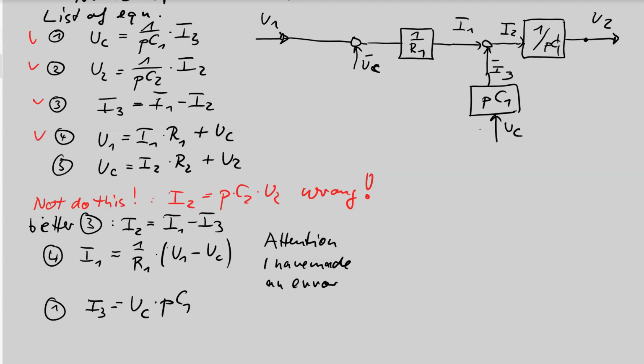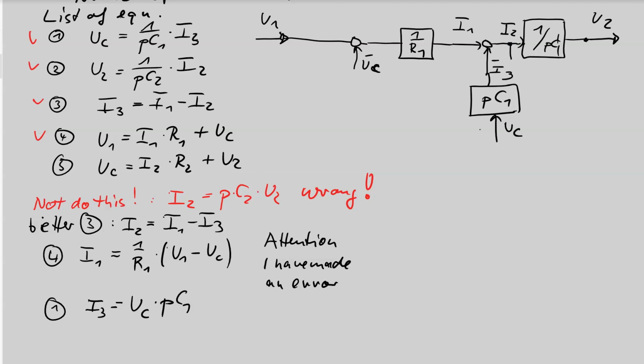So what I can do is produce UC as I2 times R2. Oh, not in red, sorry. Not red. I want to have black.